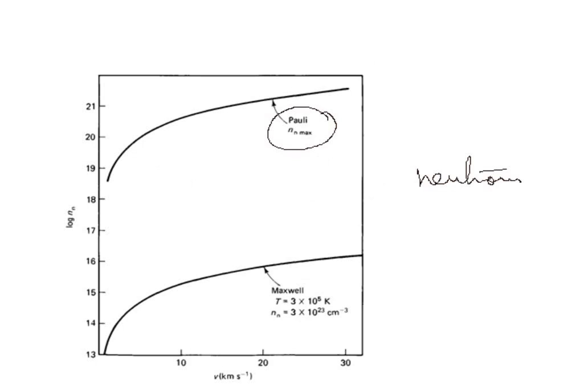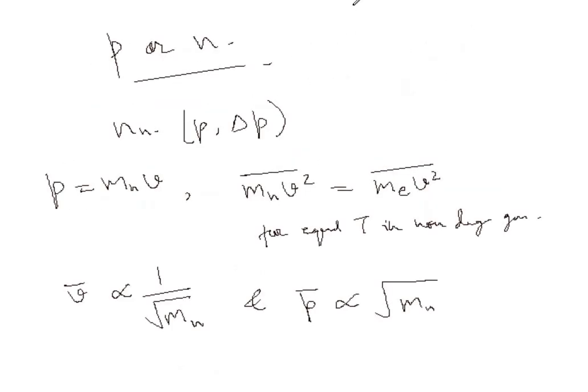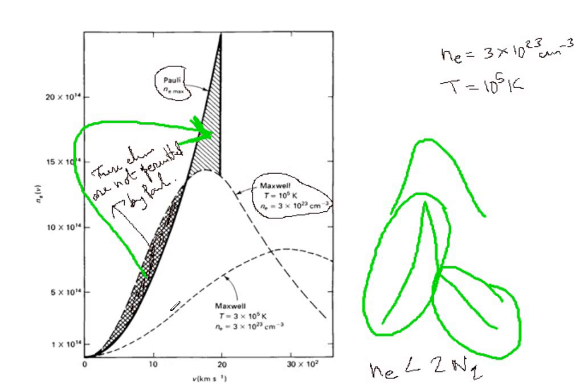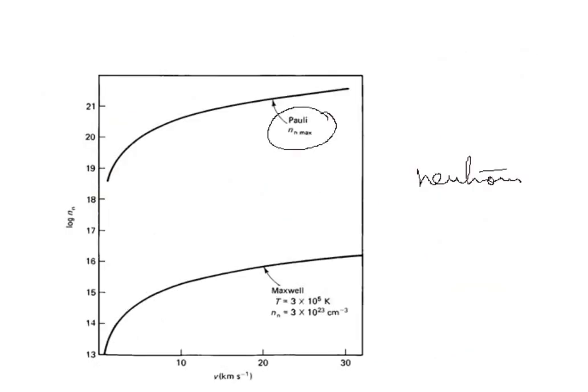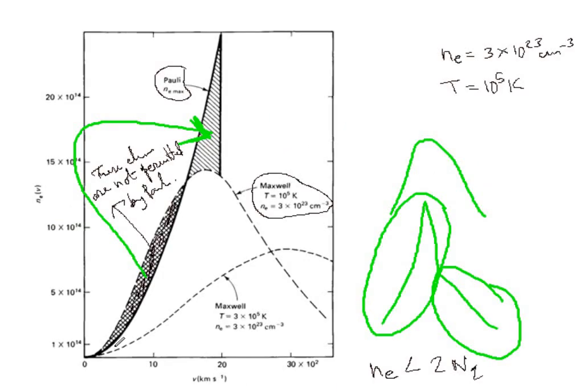What I want to say is this: you compare this picture with the picture over here, where the temperature is 3 into 10 to the power 5 Kelvin and the density is this. Now you compare this with this here. What do you observe?